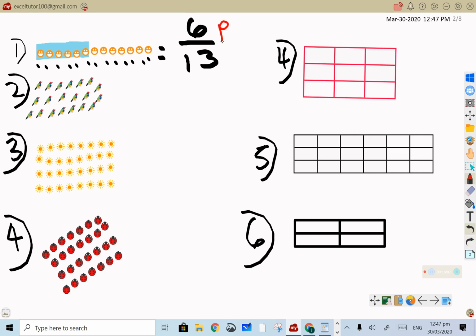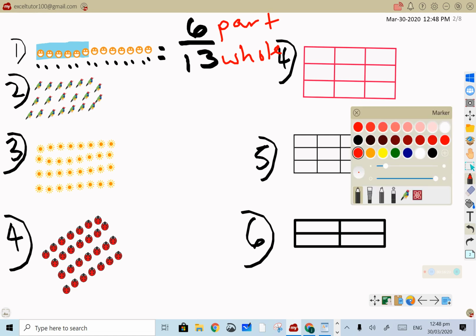All right, so 6 is the part and 13 is the whole. So first we establish, we're going back again to number 2 to use as another example.